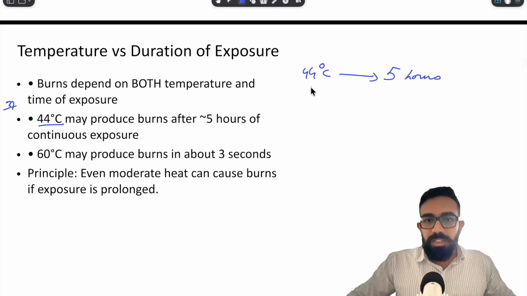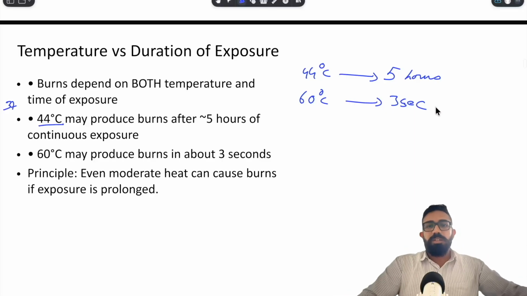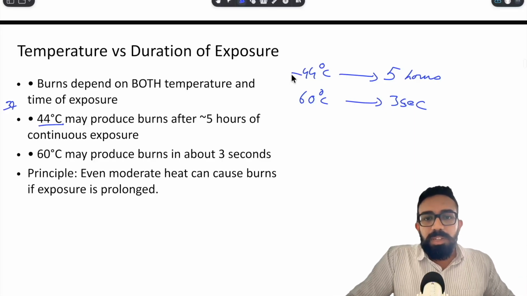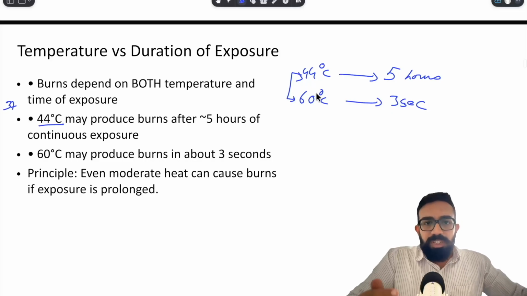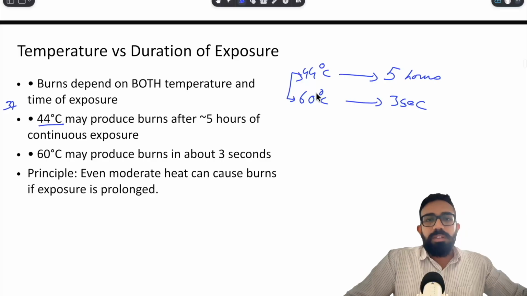Whereas if we increase the temperature to 60 degrees Celsius, we will see burns in just 3 seconds. So see the difference we are getting by just increasing the temperature by 15, 16 degrees: the time required for producing burns is decreased.